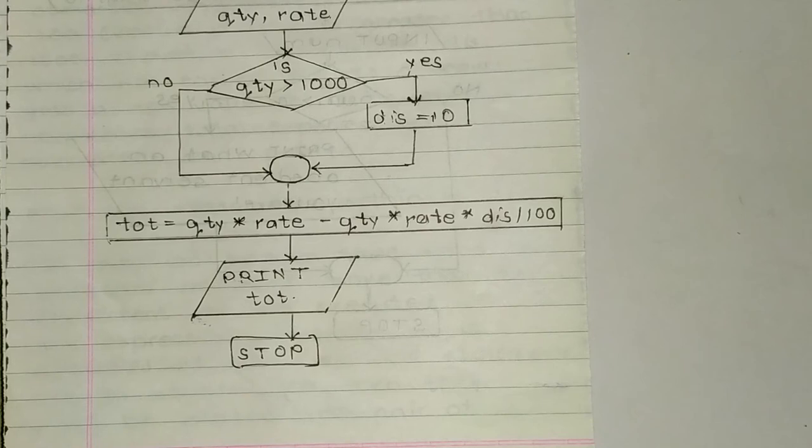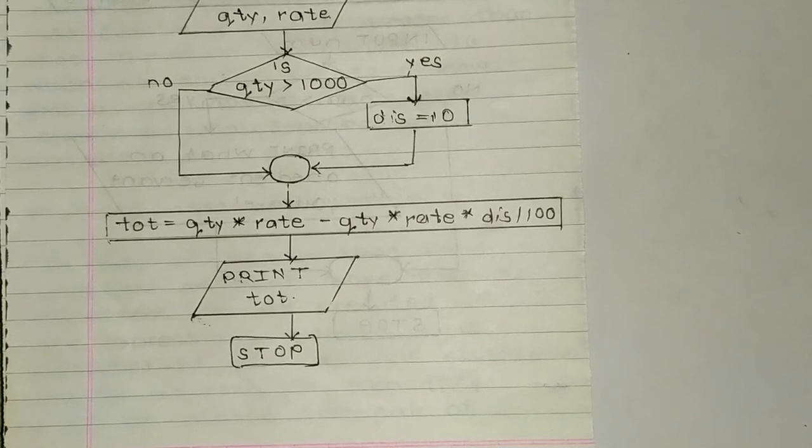So this was the formula for calculating total price. After this operation is performed, the arrow is pointing toward print TOT, that means we are printing total. Then the arrow is pointing towards stop.